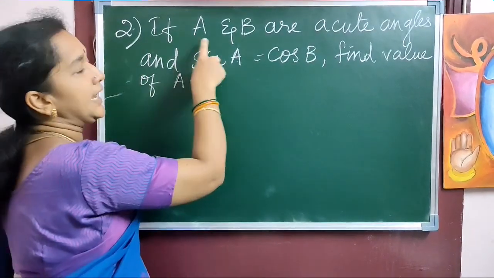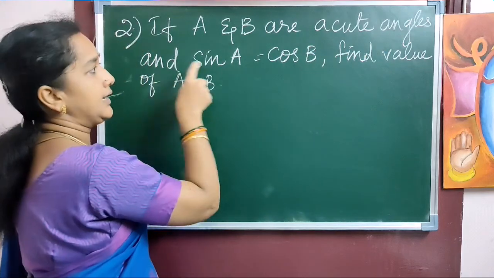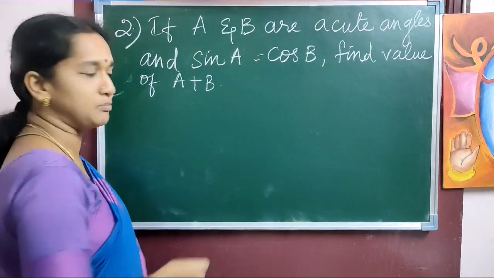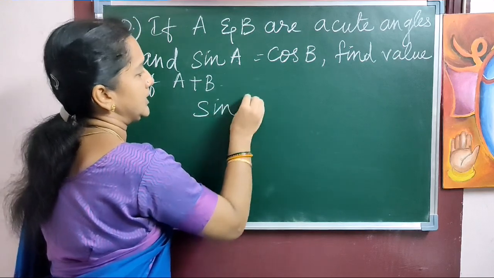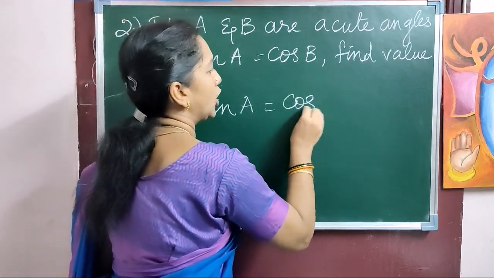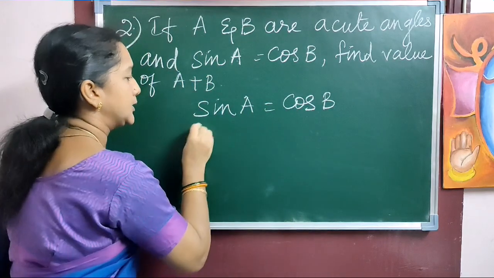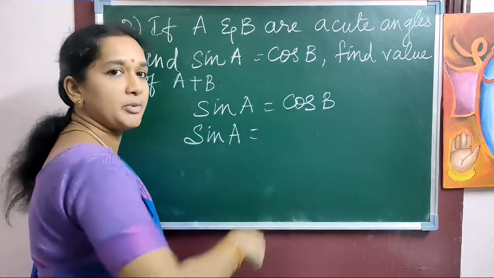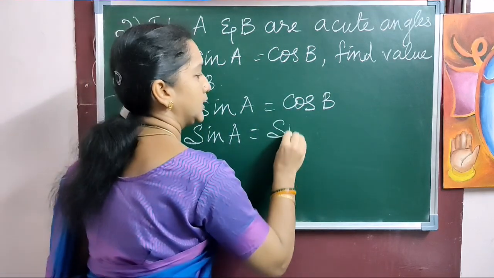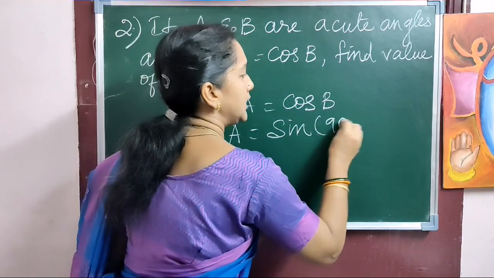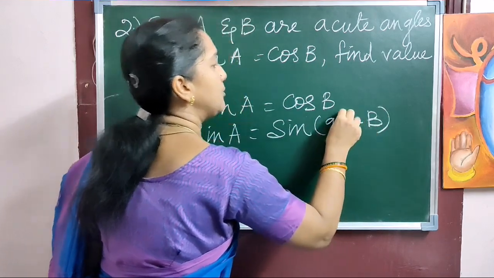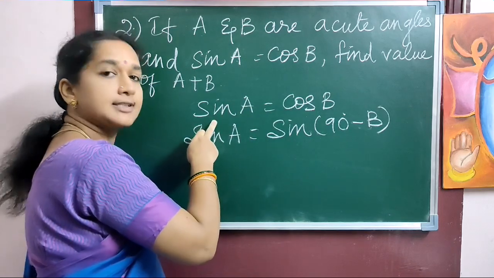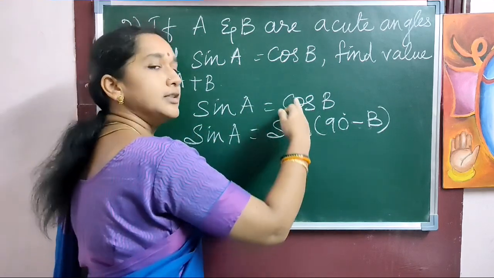Second sum. If A and B are acute angles and sin A is equal to cos B, find the value of A plus B. So sin A is equal to cos B. What is the complementary ratio of cos? Sin. So cos B is sin 90 degree minus B. You can change either sin to cos or cos to sin.